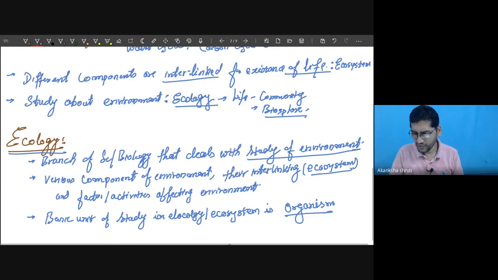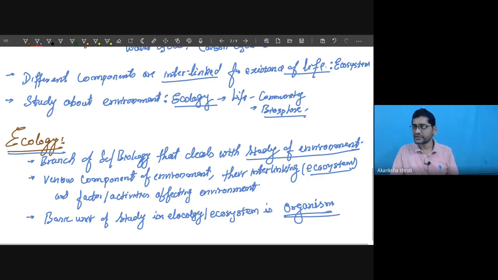Okay, students, the question was like this: the smallest unit of ecology, or ecology starts with the study of organism, cell, tissues, all of this. So it is the organism that you have to keep in mind. It is important. And the largest unit or the largest part is our biosphere, which includes everything.